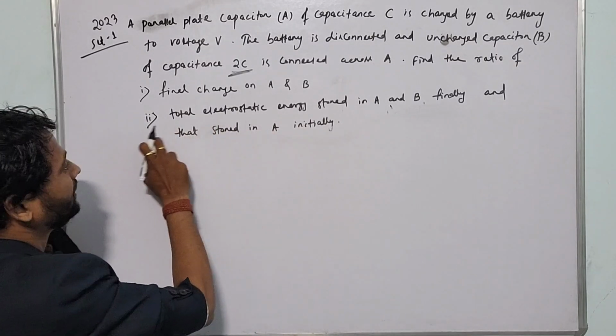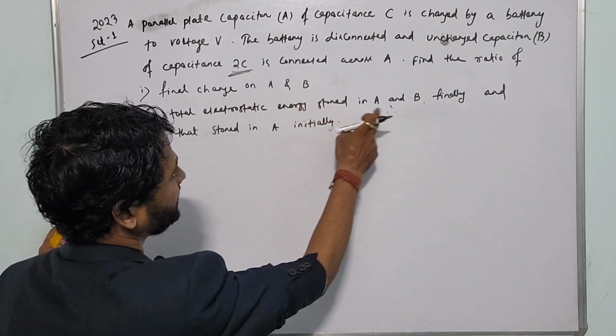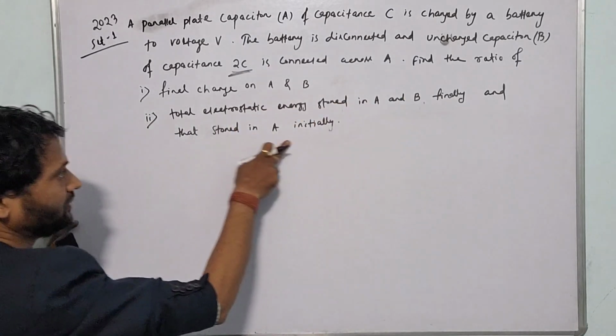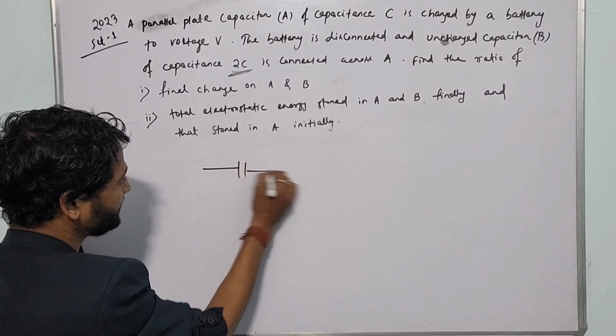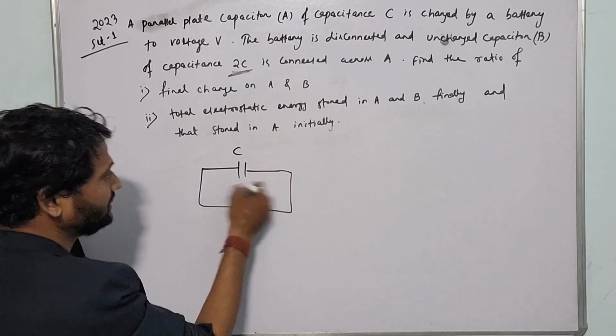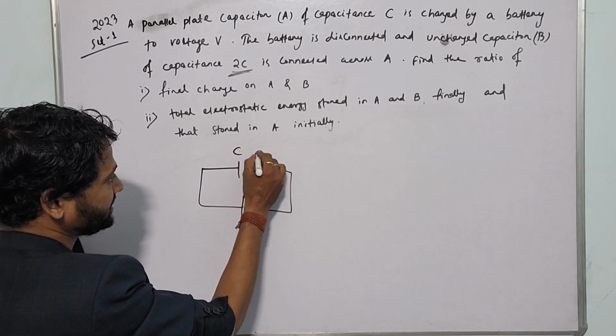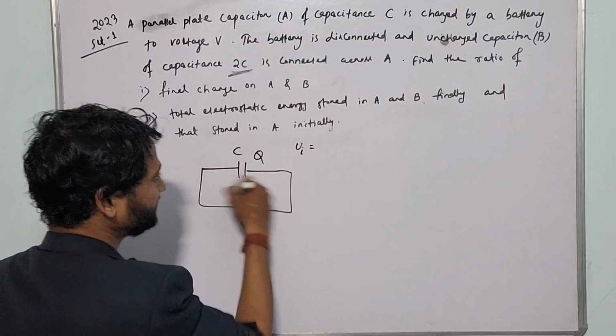Second bit देखो. We have to find out the ratio between the electrostatic energy stored in A and B finally to that of energy stored in A initially. ठीक है? So initial क्या है? Capacitance was C and potential V was given. Then charge is Q. Tell me what is the initial energy of this capacitor?